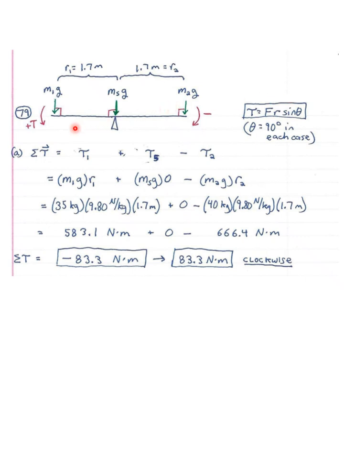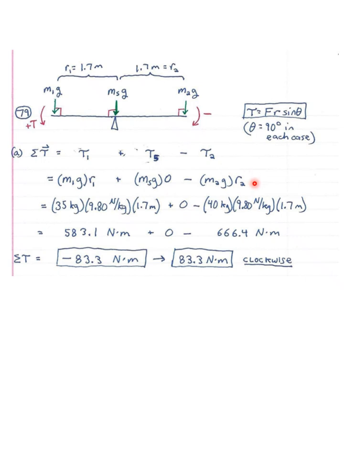The sum of all the torques, the net torque, is we take the positive, which is torque 1, plus torque of the seesaw, and then the negative, so minus torque 2, because it's in that negative direction. Then we plug in the values, force times lever arm, so m1 g r1, plus mass of the seesaw g times lever arm of 0, minus m2 g r2.